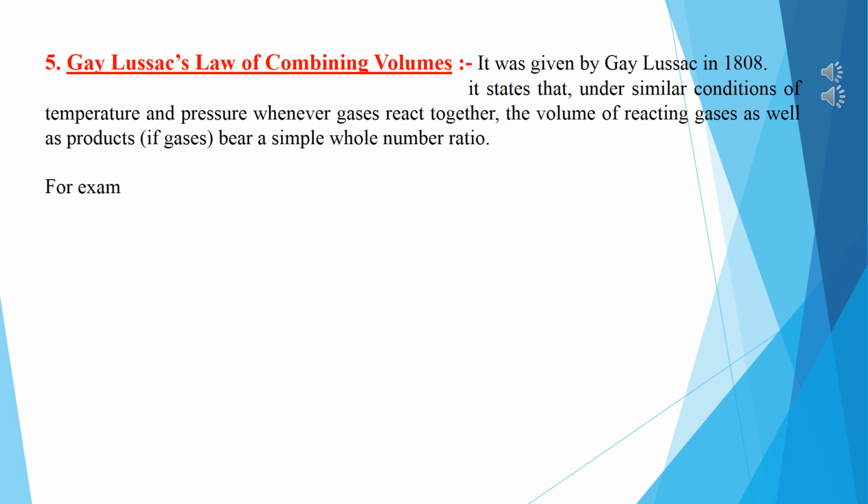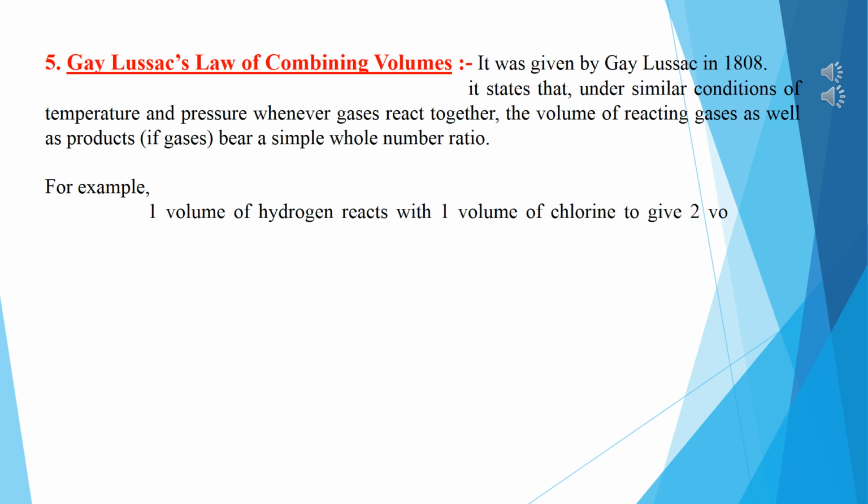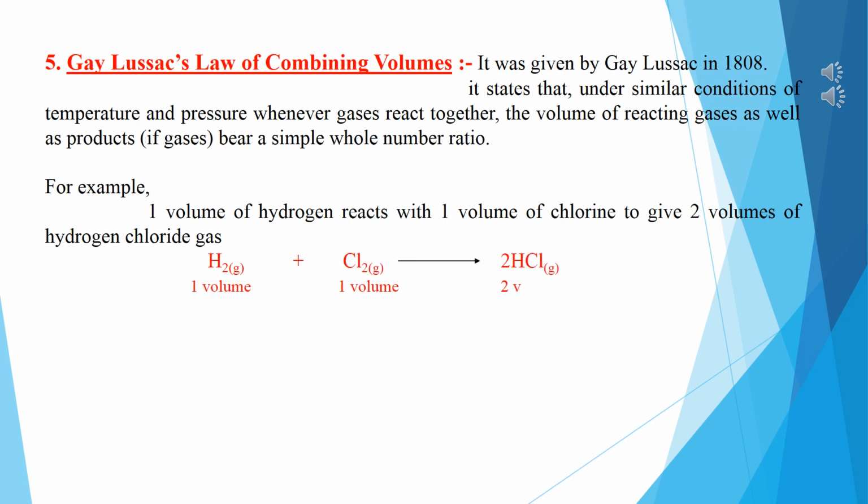For example, one volume of hydrogen reacts with one volume of chlorine to give two volumes of hydrogen chloride gas. So in this, the volume ratio of hydrogen, chlorine and HCl comes out to be 1:1:2. That means it bears a simple whole number ratio.